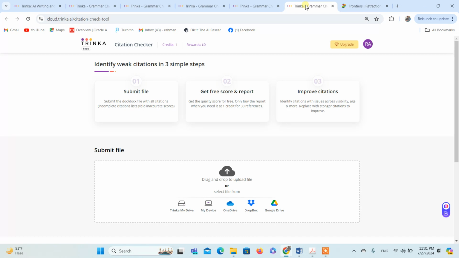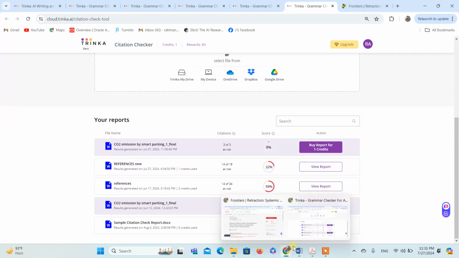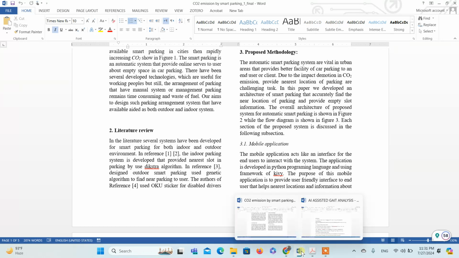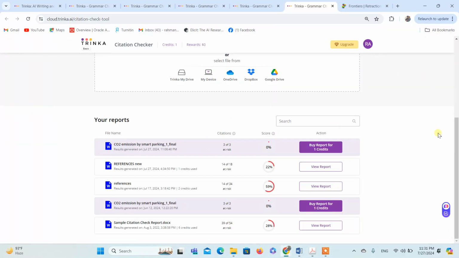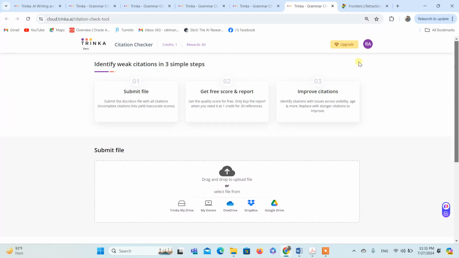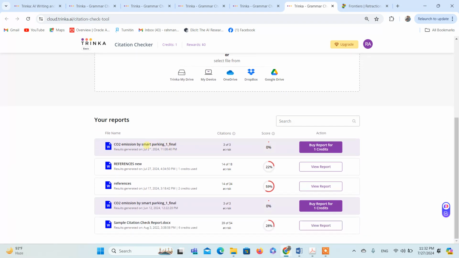For example, I have uploaded this research paper, and for it Trinka has generated a citation report. Once you upload it, it will show the progress of uploading and the analysis of the references, and once it is completed, you can get the complete score over here.